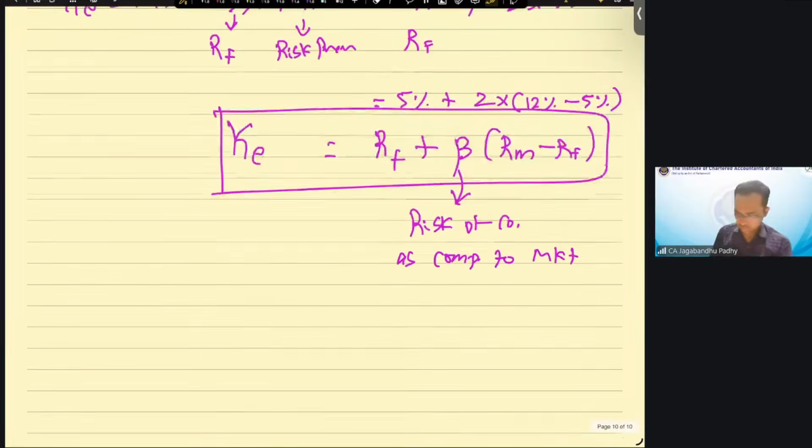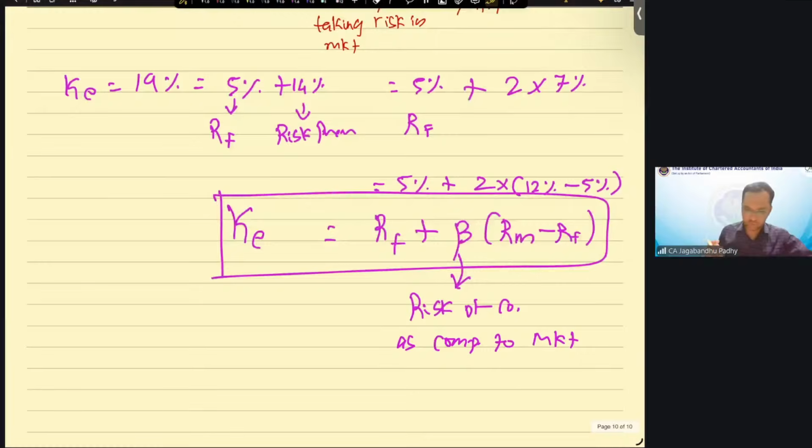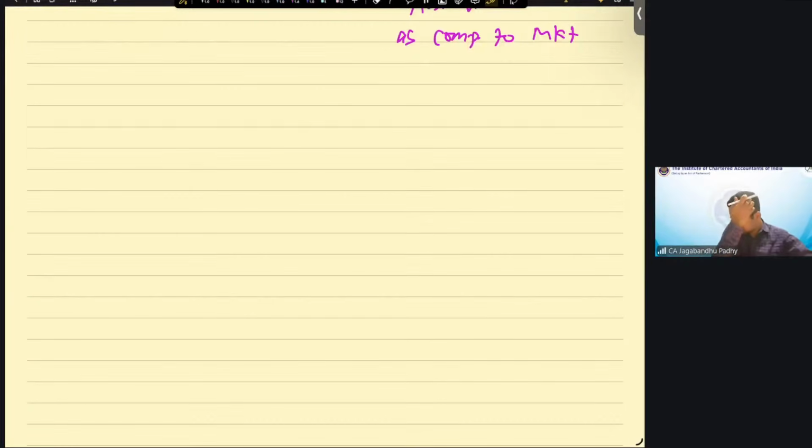Okay, so we've done cost of equity, cost of debt. In fact, one small thing is pending, which is the cost of reserves. So cost of reserves, it means, of course, we are talking of reserves. Reserves as a source of fund, it belongs to whom, guys?